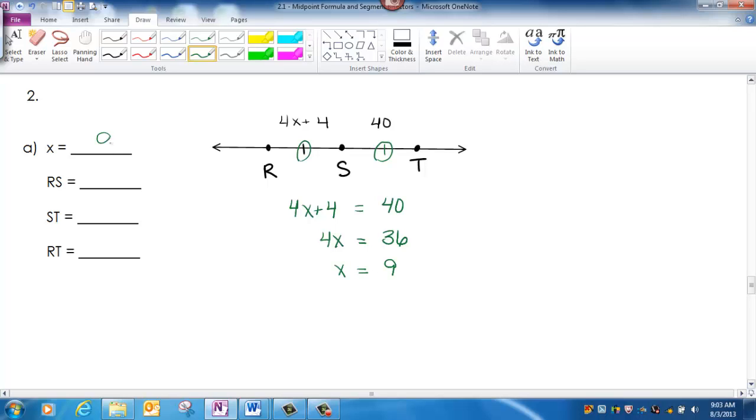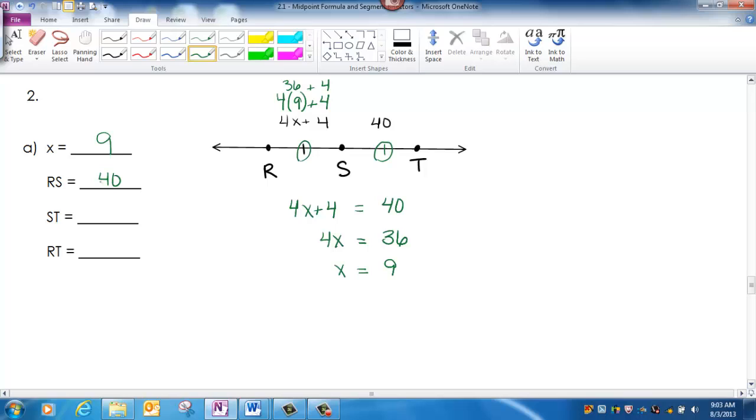And we get X is equal to 9. Okay, so now it wants us to find, well, how far is it then from R to S? Well, if we know that X is 9, we can substitute that into our formula. 4 times 9, we know that's 36, plus 4 gives us 40.